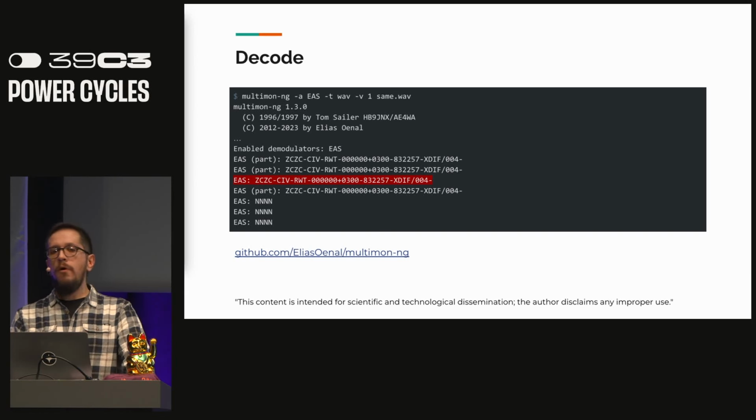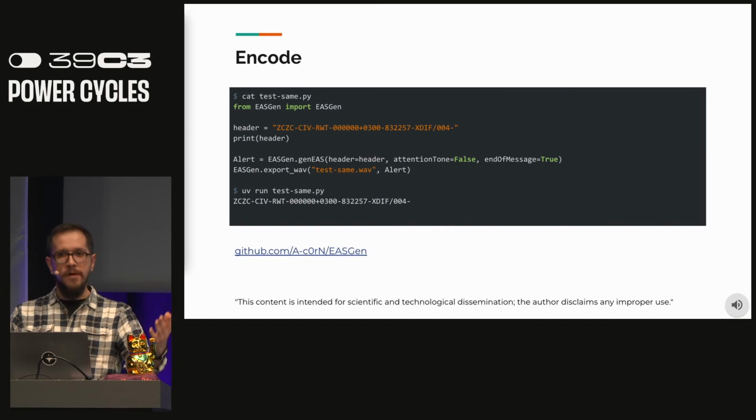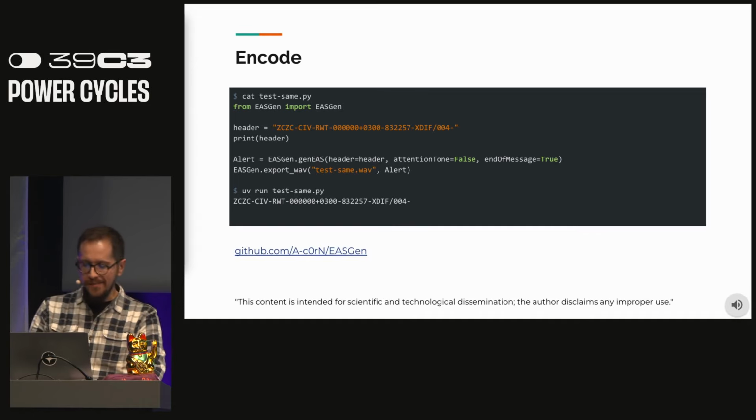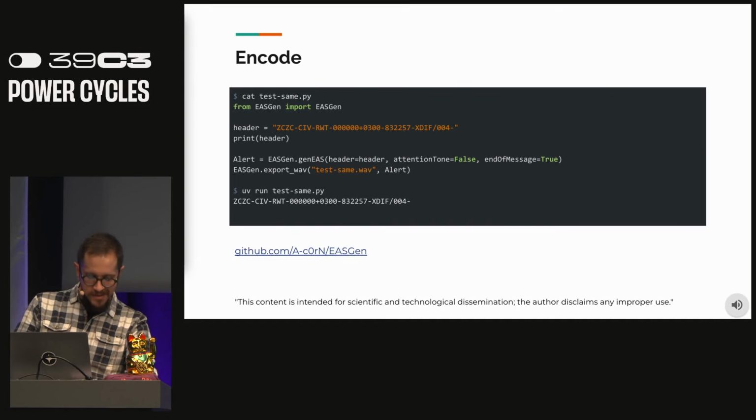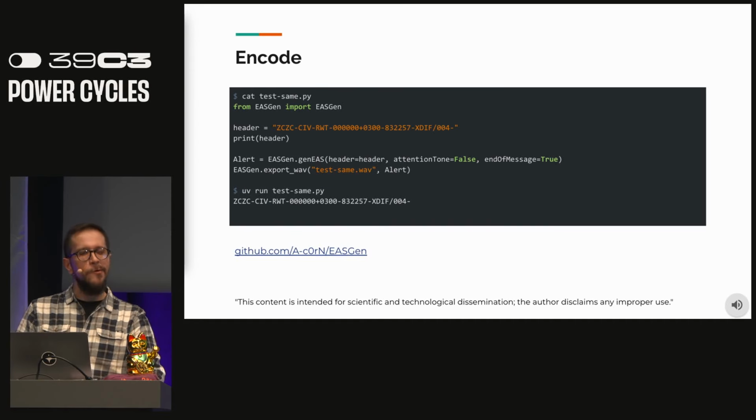Before implementing some kind of encoding, I found there was a module in Python. I am really into Python, it's a very cool language, and it has a very cool community also. There is a module where you can generate a WAV file and create your own messages.